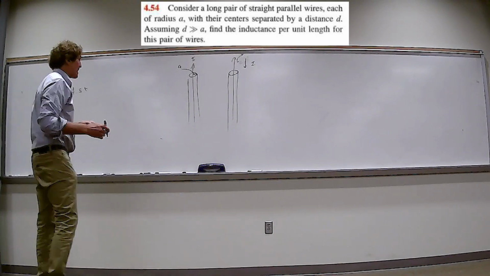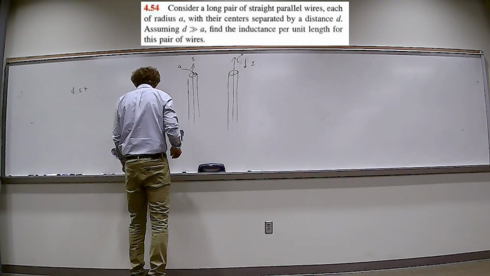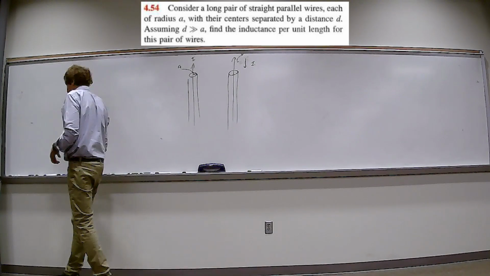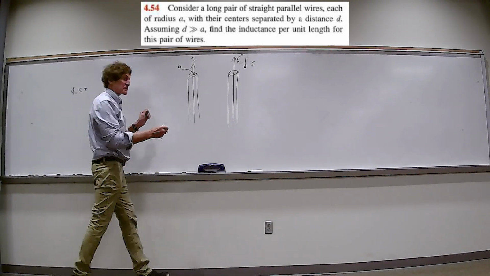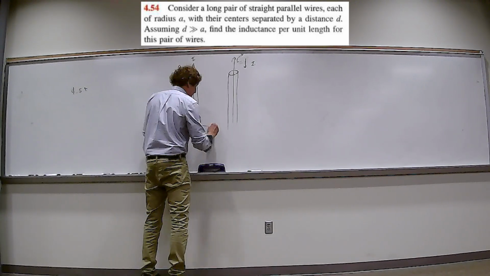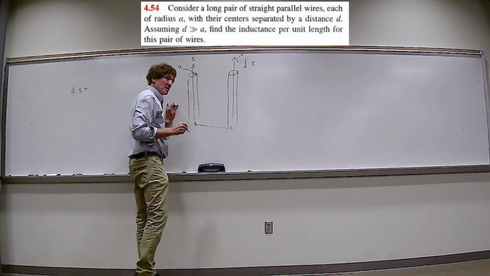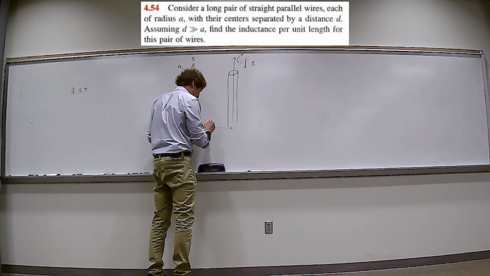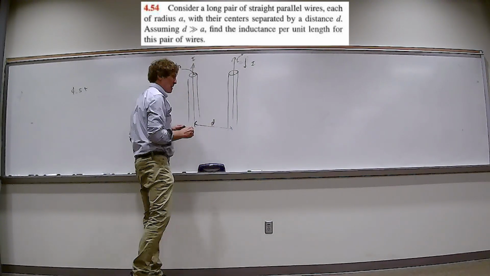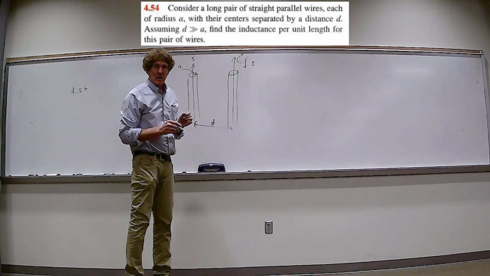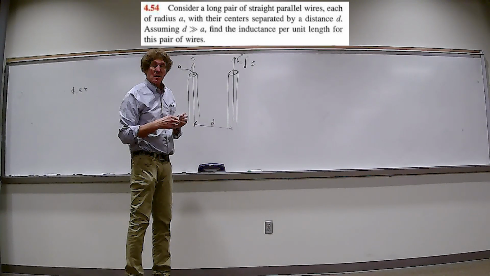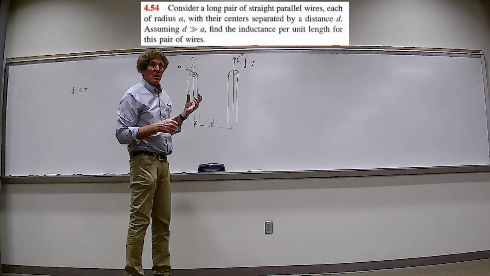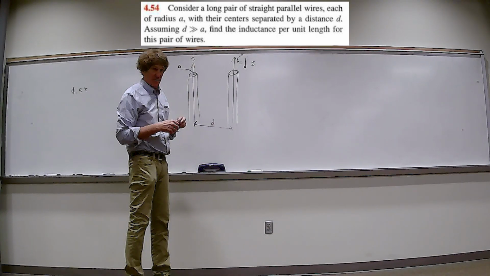Now, when we talk about the inductance of this system per meter, what we're really saying is, what is the separation distance center to center? D. Center to center is D, and the distance between the outsides, the inside separation, would be D minus 2A because they have a radius of A, right?